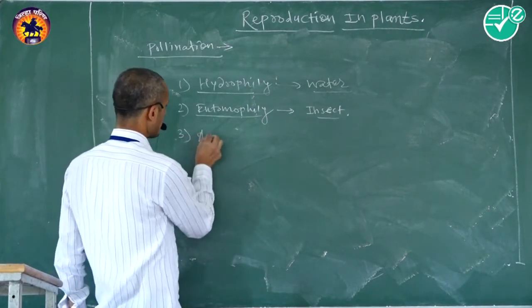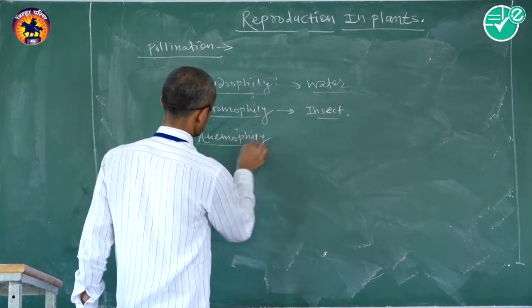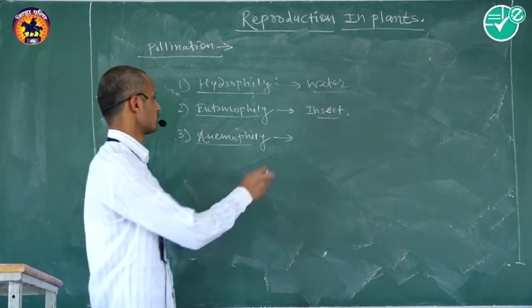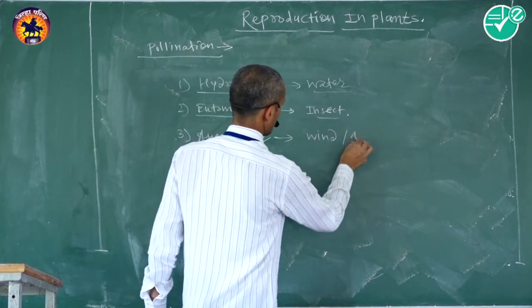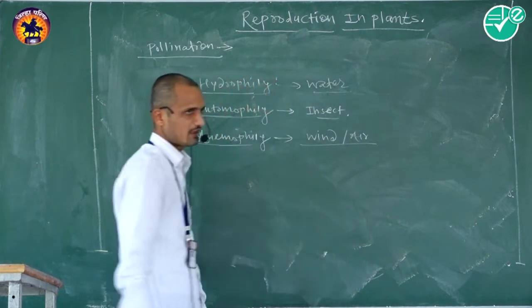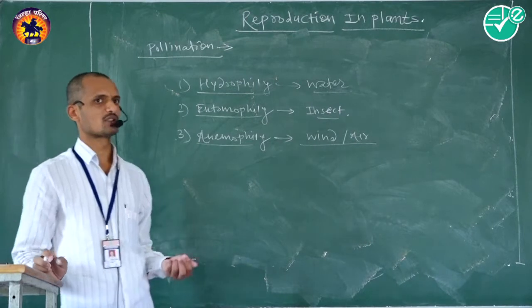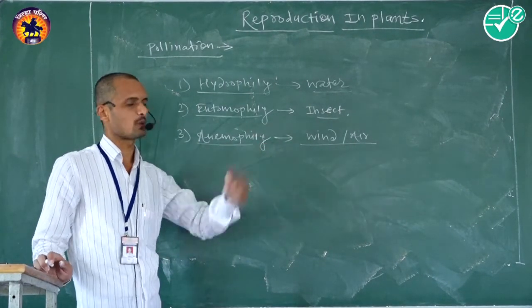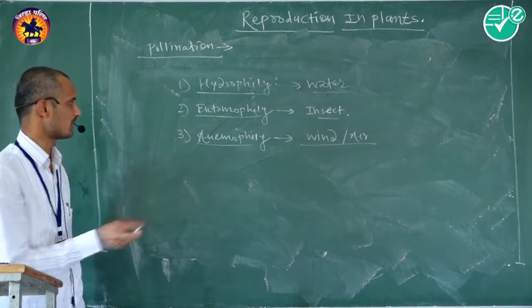Third one is anemophily. The pollinating agent, that is wind or air, is required to transport the pollen grain from anther to the respective stigma, that is called as anemophilous pollination, and the phenomenon is known as anemophily.